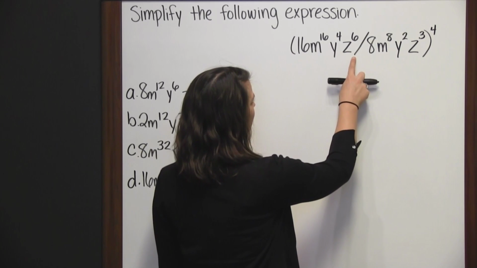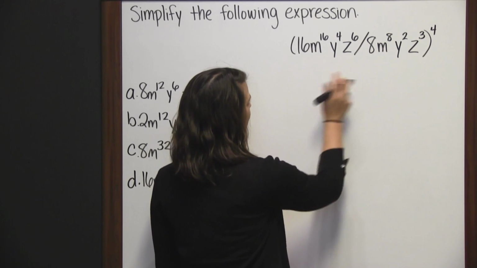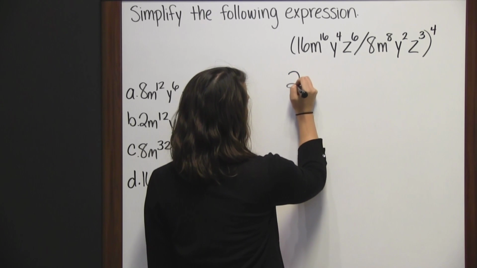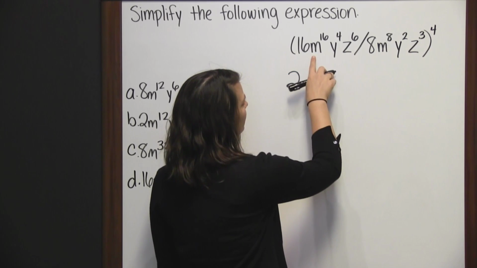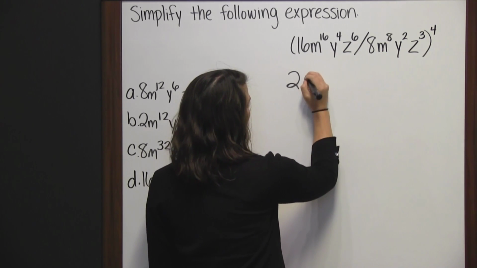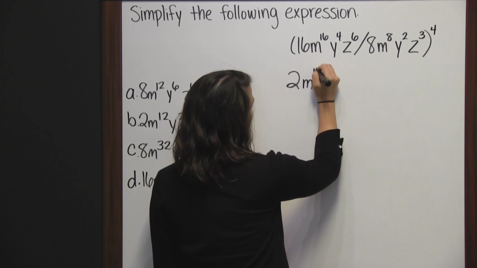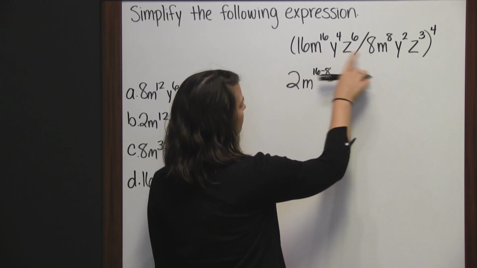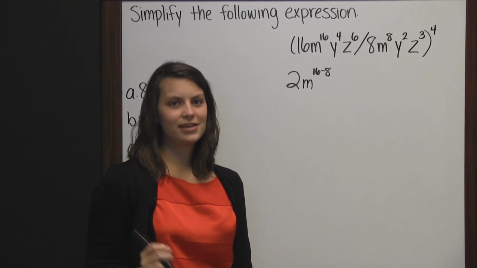So we're going to start with dividing 16 by 8, which is 2. Then m to the 16th divided by m to the 8th is m to the 16 minus 8, since when you divide like bases, you subtract the exponents.